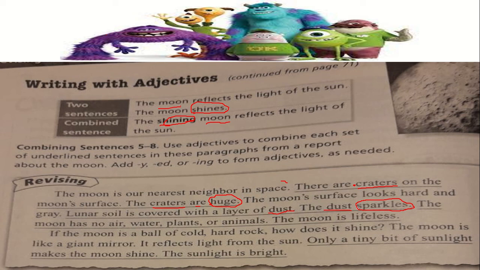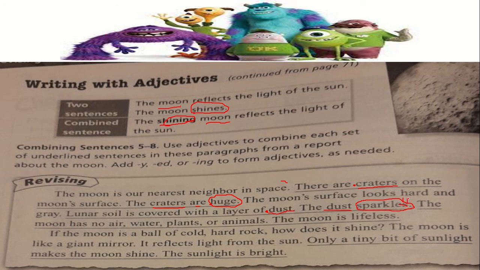Okay, we will add ing, sparkling. The lunar soil is covered with a layer of sparkling dust. You will add here the adjective, delete the s, and add ing: sparkling.